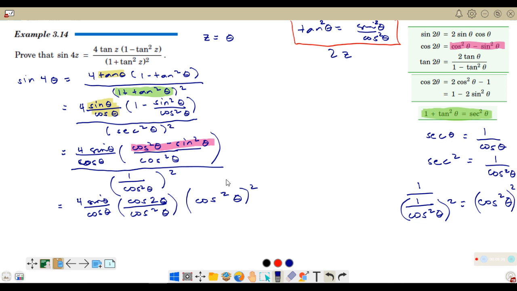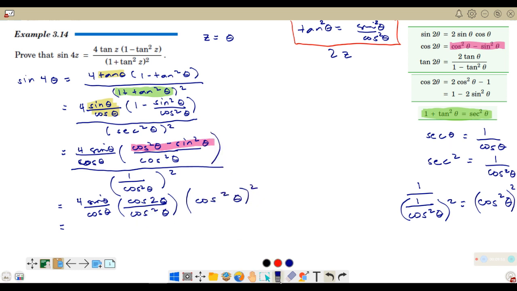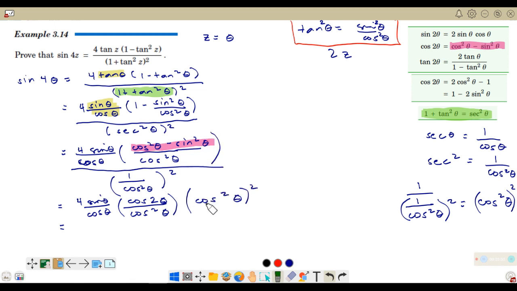Now, let's proceed with the solution. Meron tayo ditong denominator na cosine theta, cosine squared theta, at saka cosine squared theta squared for the numerator. For the denominator, if we are going to divide cosine squared theta squared by cosine squared theta, matatanggal na yung squaring function natin dito.